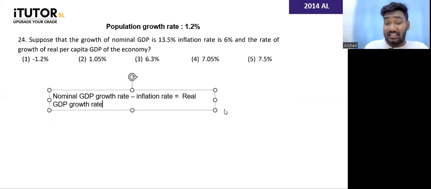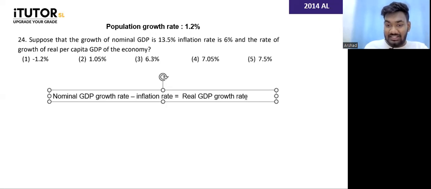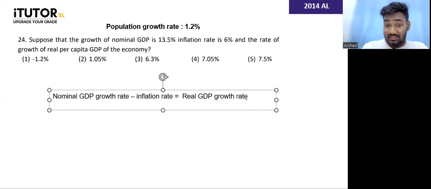So how much is that in our question? Our nominal GDP growth rate is 13.5%. If I minus the inflation rate of 6%, my real GDP growth is 7.5%. But that is not what they are asking us.